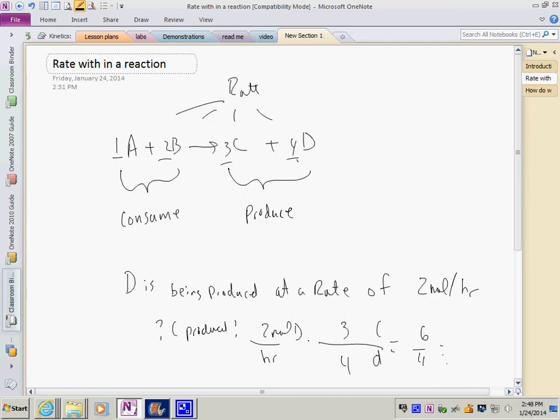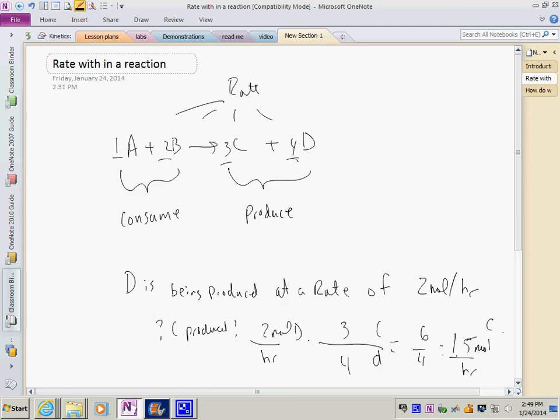Looks like pretty simple mathematics, which is of course 3/2 or 1.5. And that would be in moles per hour. Now this is referring to, in this case, C.